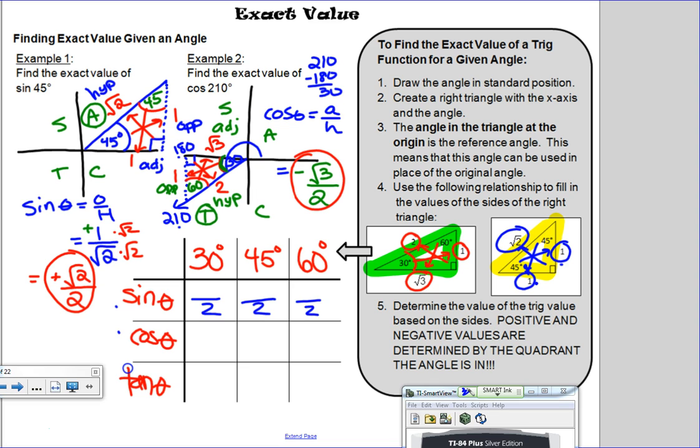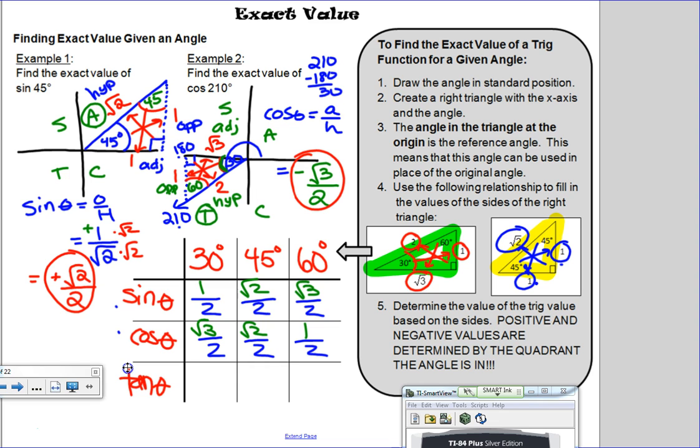These would all have two denominators, and these would all have two denominators. All right, then the numerators will actually follow this pattern. 1, radical 2, radical 3. Cosine would be in reverse. Radical 3, radical 2, 1.